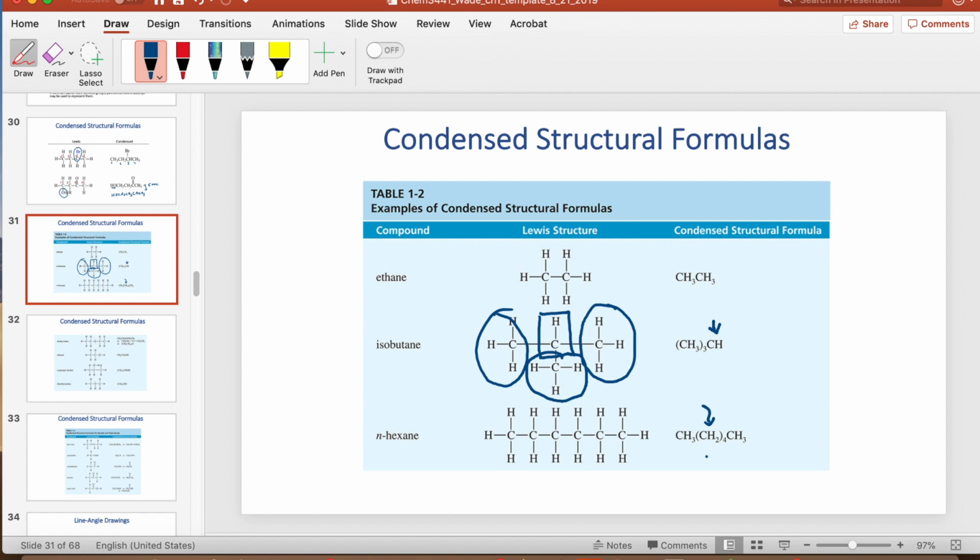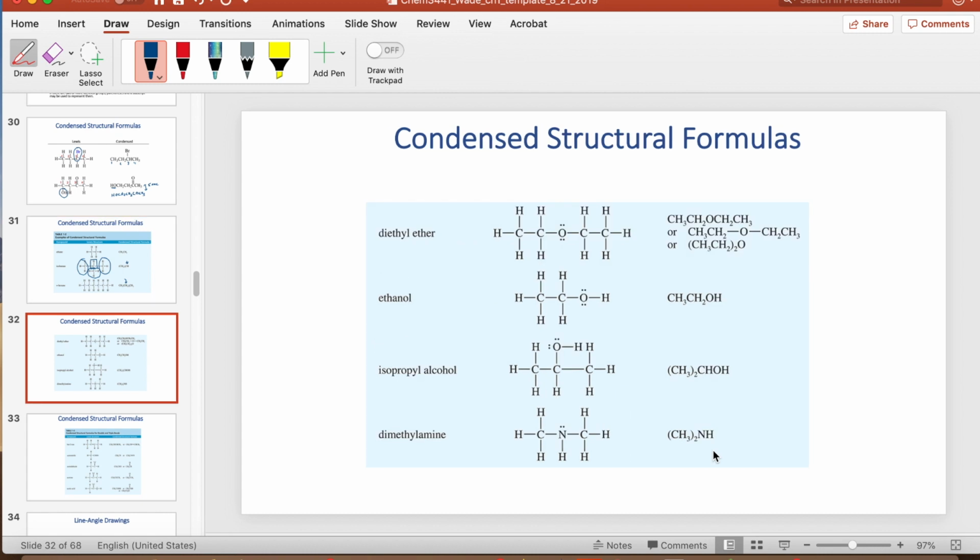So you just need to kind of go through and look at these different structures here and different ways of writing it. There are some that have multiple ways, like for instance, this one over here, right? So there are multiple ways of doing this. This, I guess you would kind of say, is the most common here.